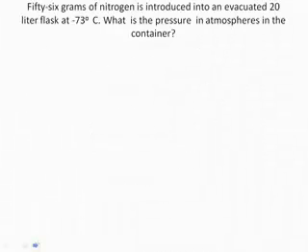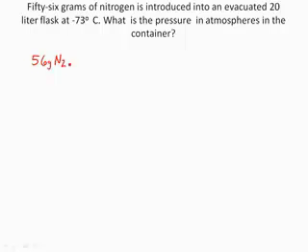Alright, so we're going to step through some basic kinds of problems that you'll see. Some of them are basically just plugging numbers in. You'll be given 3 of the 4 variables, and you'll be solving for the unknown one. So let's see what we have here. It says we have 56 grams of nitrogen. Remember your diatomic molecules.